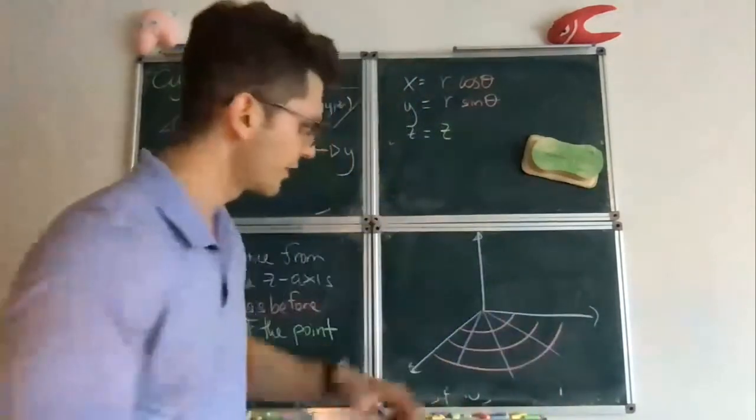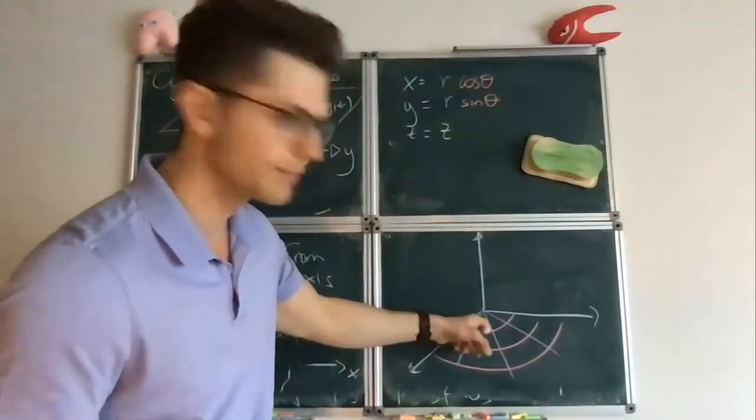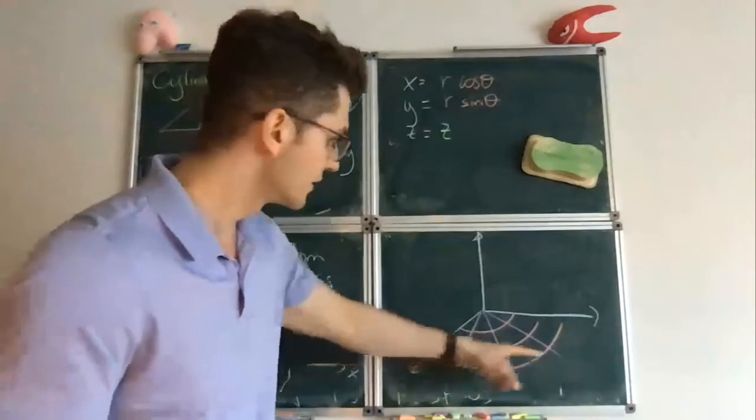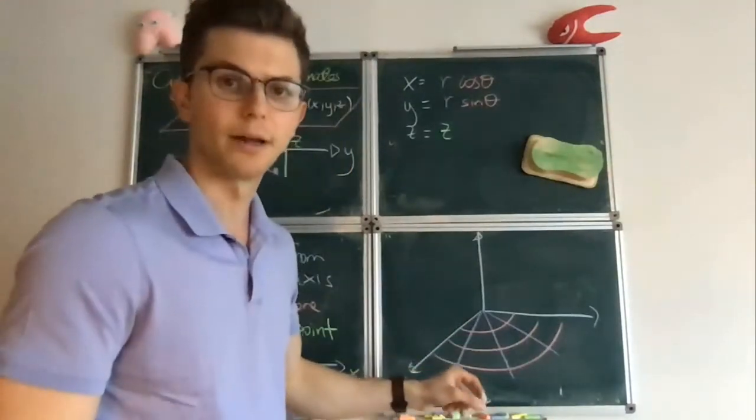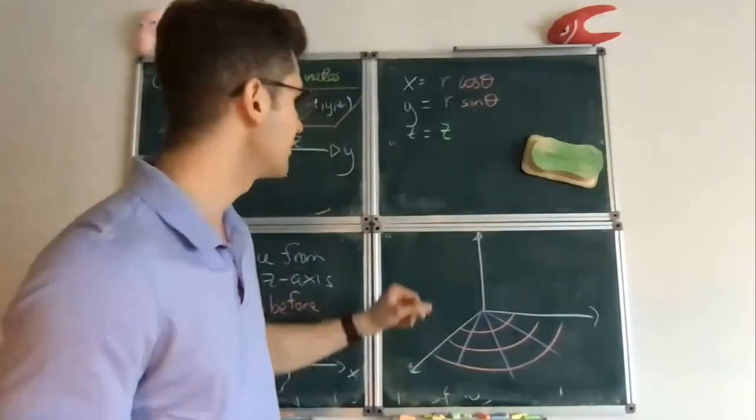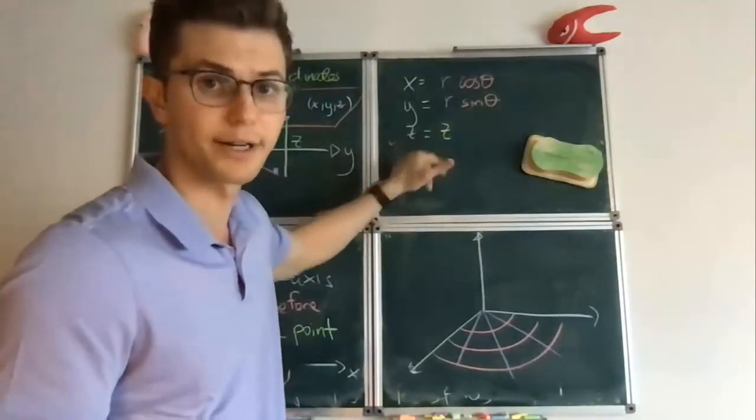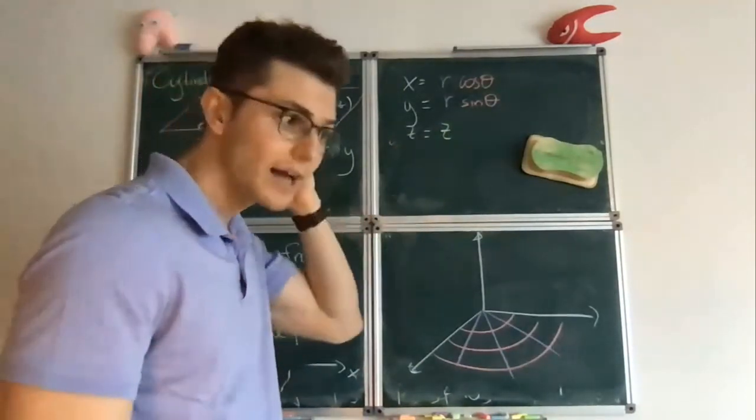So the rays emanating from the origin correspond to theta being fixed. The circumferences correspond to the radius being fixed. And then you also have now the third coordinate, which corresponds to the height being fixed.